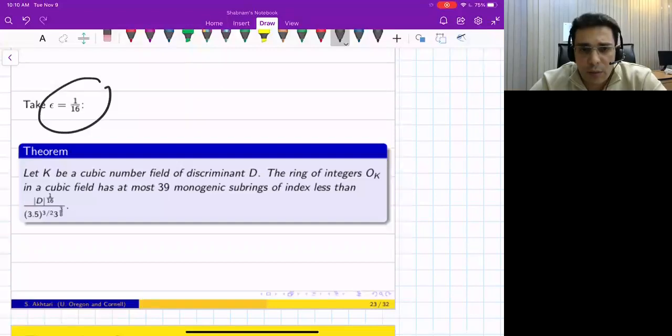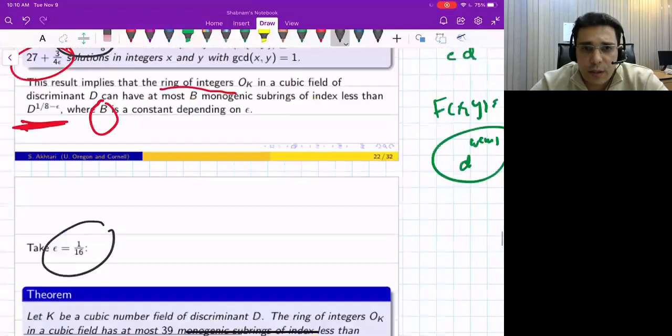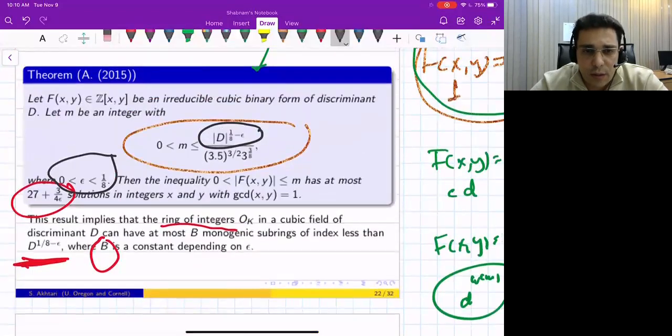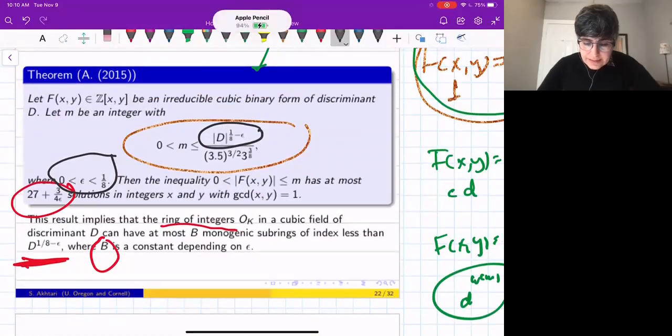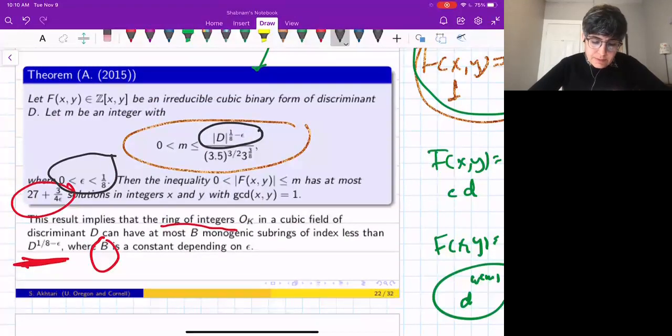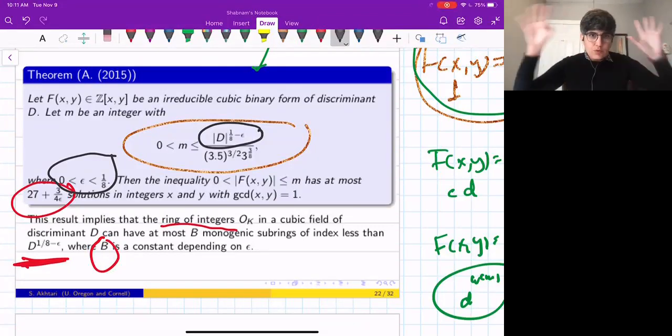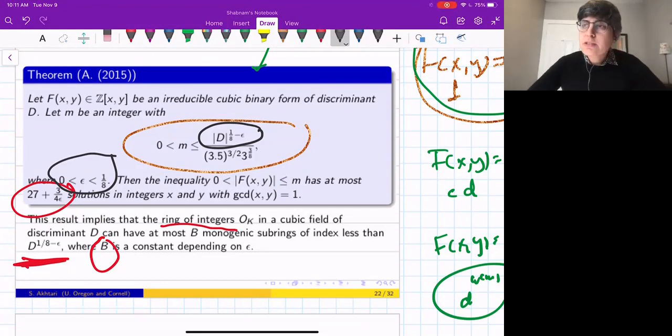And sorry, the upper bound 1 over 8, where does it come from? And why isn't it 1 over 8? There is a good reason for that. In my result, when I worked that out, it was coming from my approximation, because here I'm replacing 1 with m, and when I do this Diophantine approximation, like I told you, the main idea is that 2x over y gives a rational approximation close to alpha.